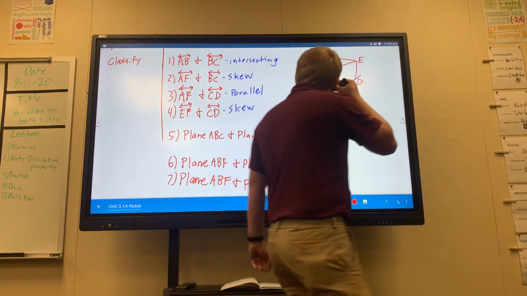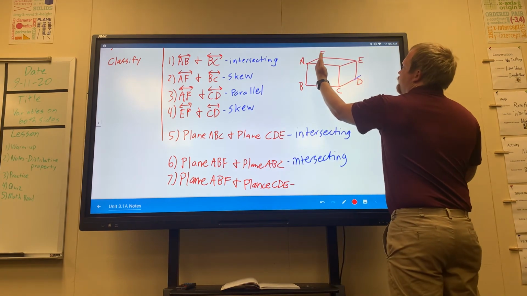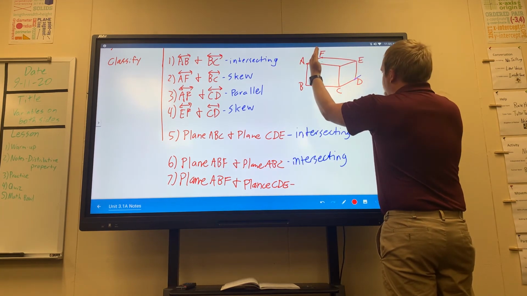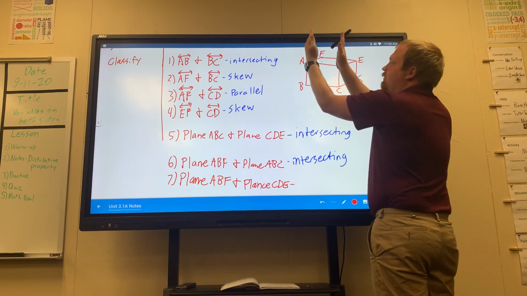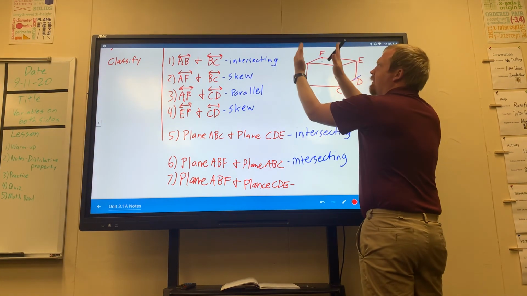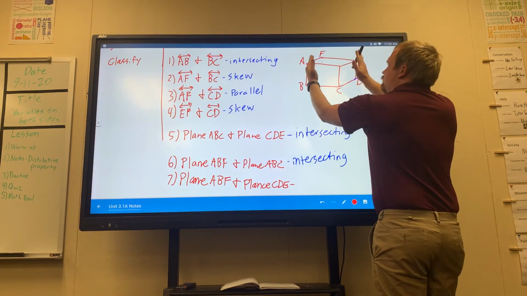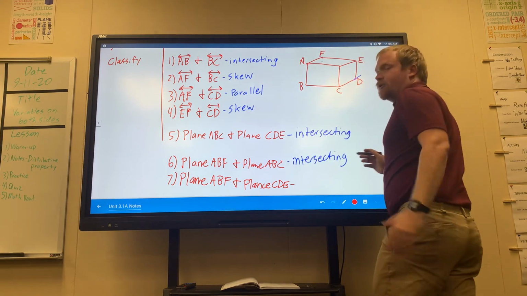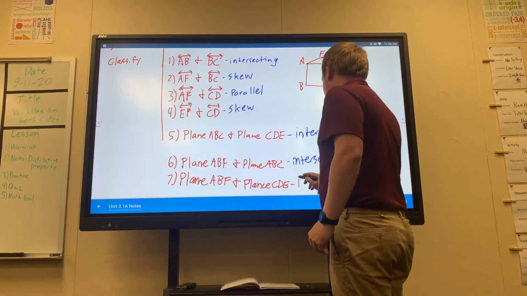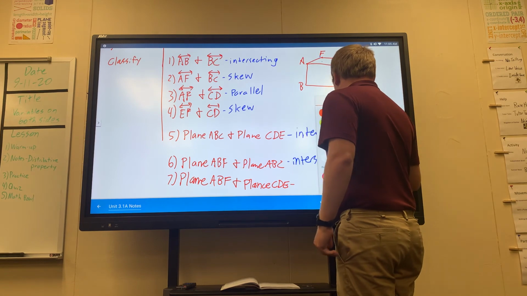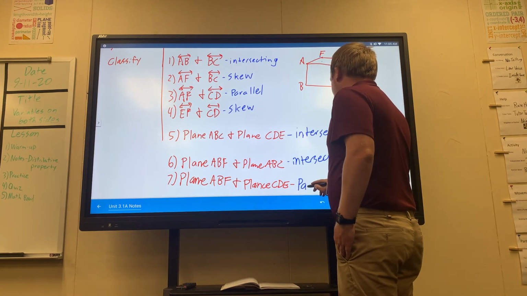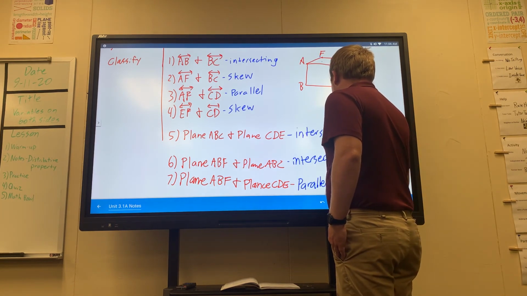So notice, plane ABF is that face, and CDE is this face. If I continue to extend the planes one way or the other, they're going to be parallel to each other. So these are examples of parallel planes.